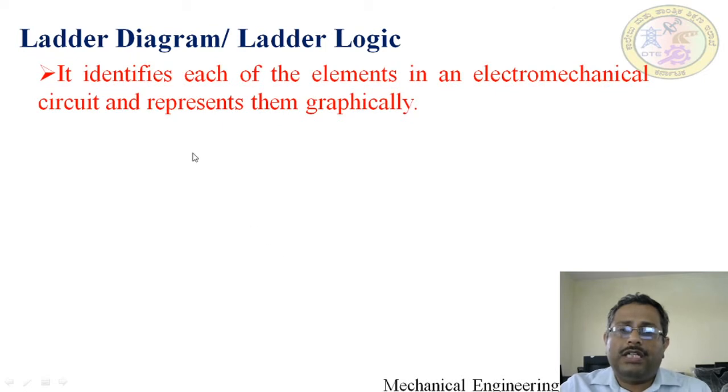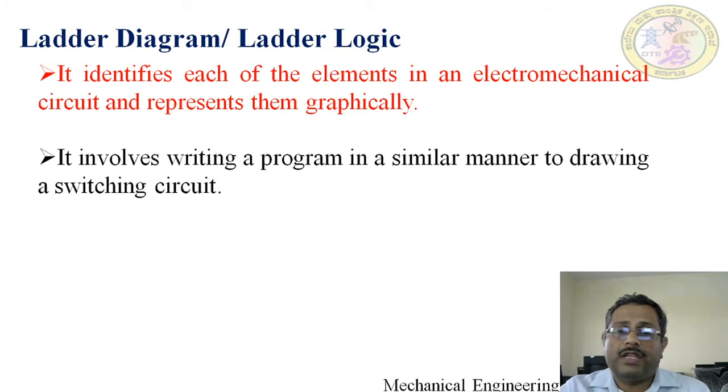And here we are identifying each of the elements in an electromechanical circuit and representing them graphically. To construct a ladder diagram, first we have to identify each of the elements in an electromechanical circuit and represent them graphically using suitable notations. And it involves writing a program in a similar manner to drawing a switching circuit. It is the same as electrical circuit diagram writing.